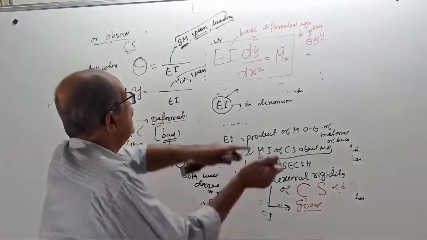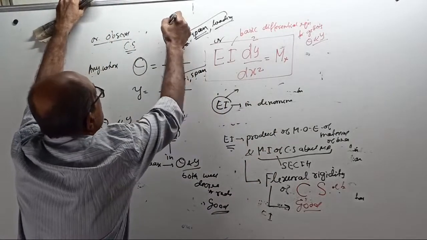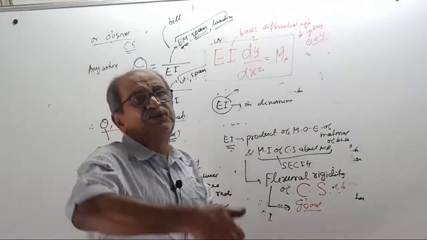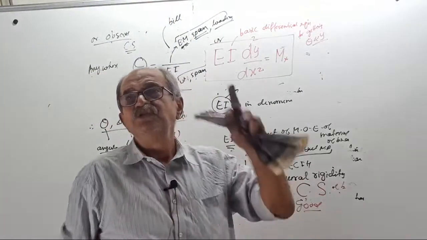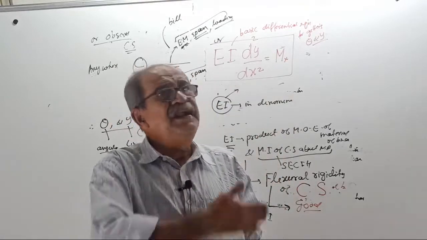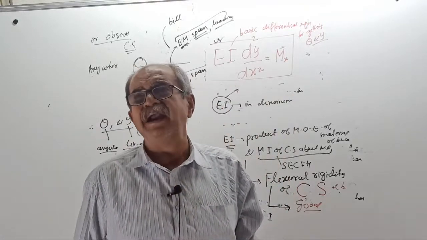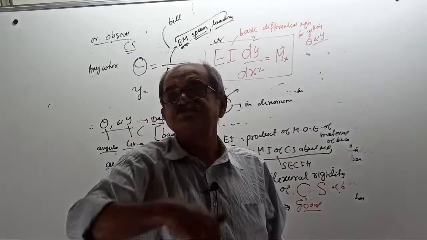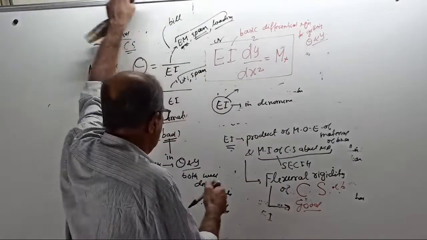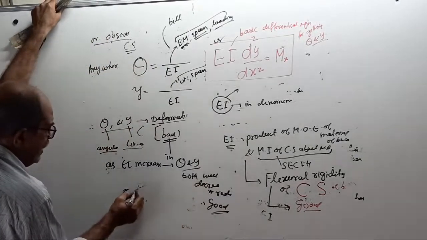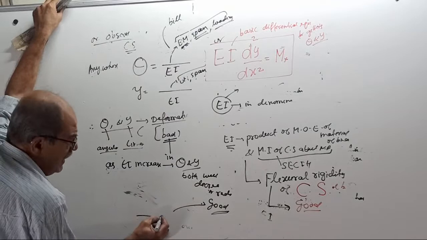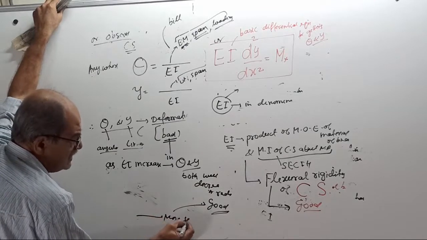Your numerator is like the bill in the hotel. The denominator is like how much money you have got. Numerator, bill, eat more, pay more, bad. Denominator, the money you got, good. Therefore, as EI is good, the beam becomes more and more serviceable.